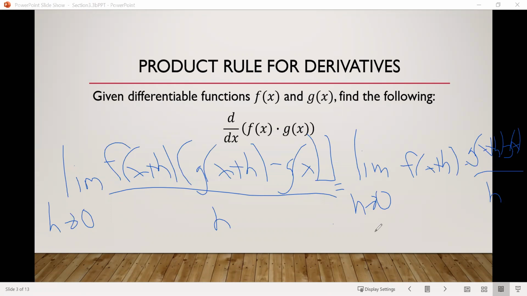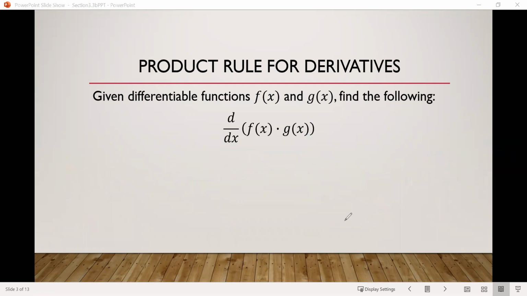Okay, and that's because when you multiply the f of x plus h times that, you can make it over 1, and it would give you back this thing that you've got here. And the reason I point that out is now we have a limit of two things being multiplied. And if you again remember our limit rules, that means we can break those into two separate limits.